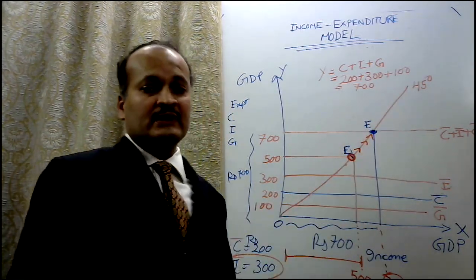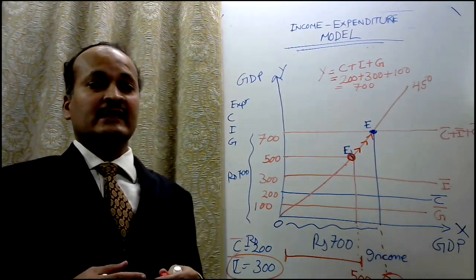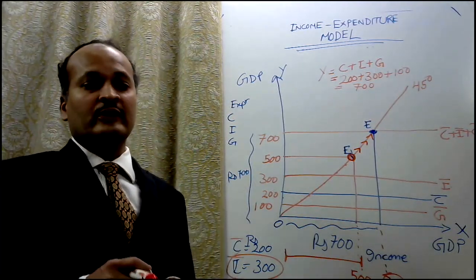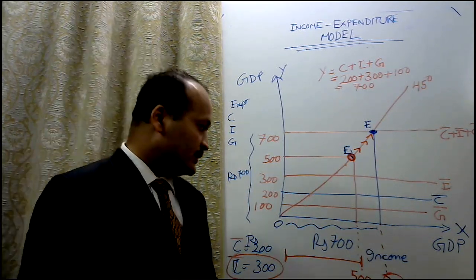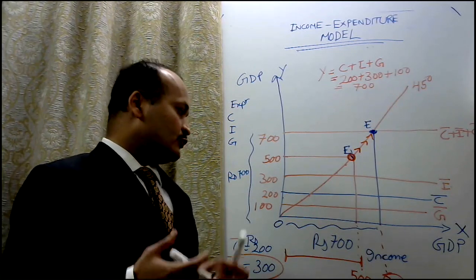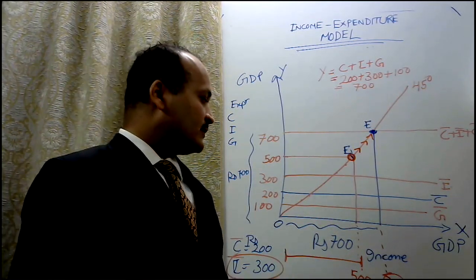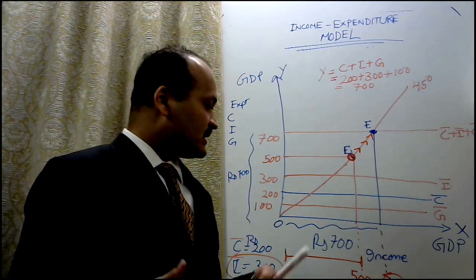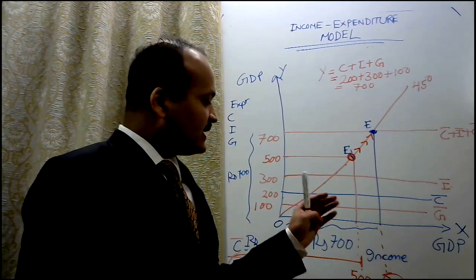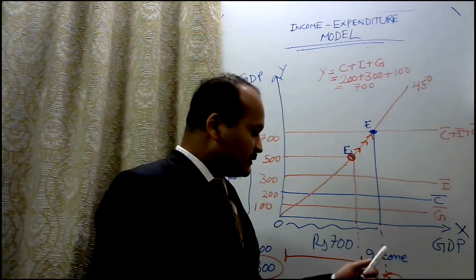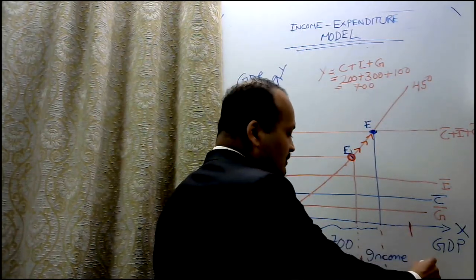Because suppose, in their zeal, because they have seen order books growing faster in the recent past, the producers try to overproduce. Suppose they have purchased more raw materials than what was needed, and they eventually end up not producing goods worth 700 rupees, but goods worth, say, 900 rupees.